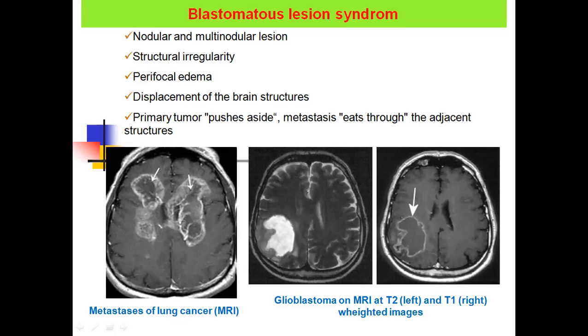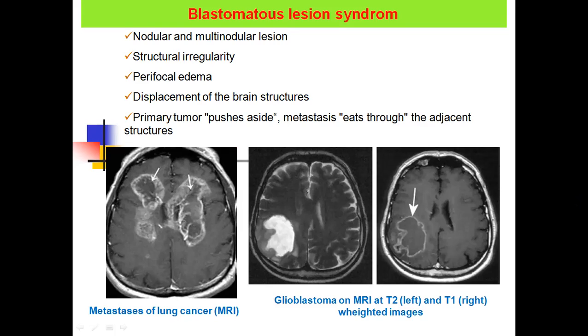Displacement of the brain structures may be caused by the presence of a tumor in the brain matter, and as a rule, a primary tumor pushes normal structures aside, while metastatic lesions, metastasis from other primary sites, grow through the adjacent structures.